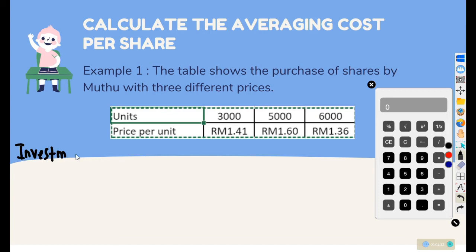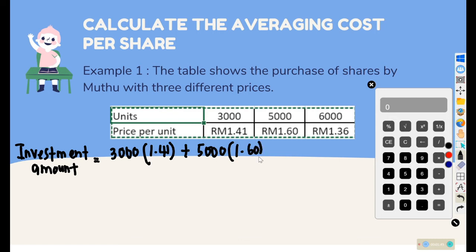Investment amount is equal to 3,000 multiplied by RM1.41 plus 5,000 multiplied by RM1.60 plus 6,000 multiplied by RM1.36.